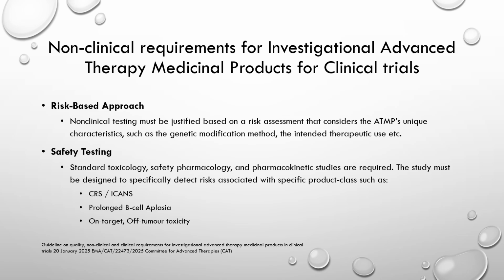I said this in the previous bullet point. So the cytokine release syndrome and ICANS as well, the immune effector cell associated neurotoxicity. So you need to address those risks. What are the biomarkers? What occurs? And you need to have animal models that are based upon these kinds of risks.